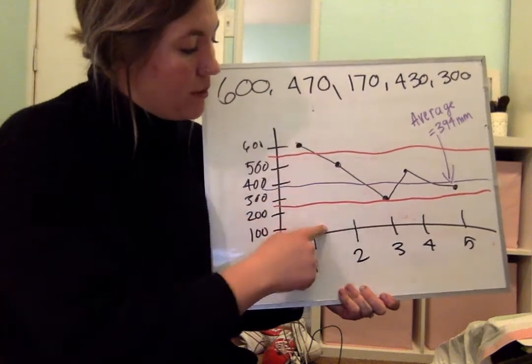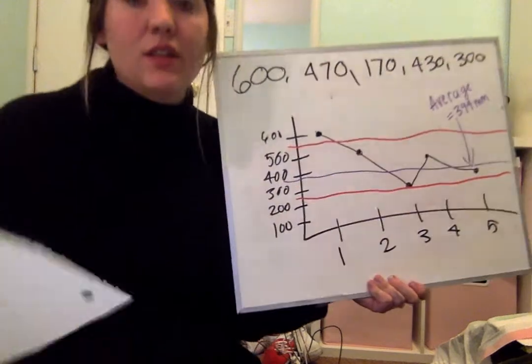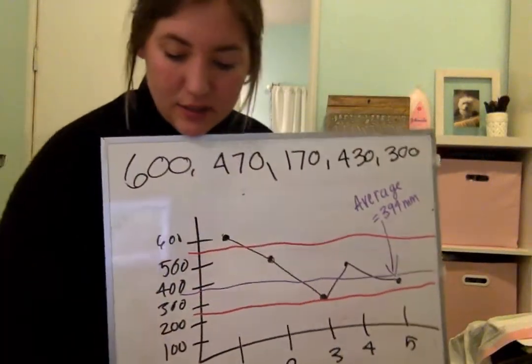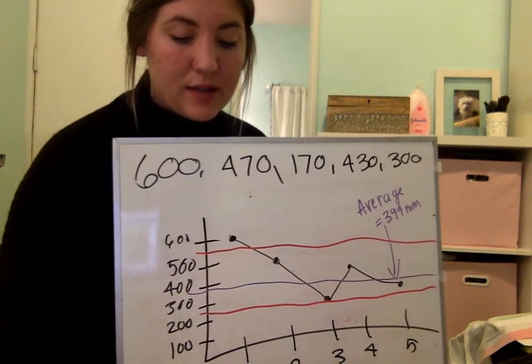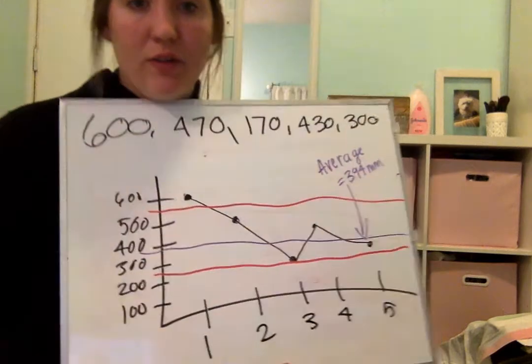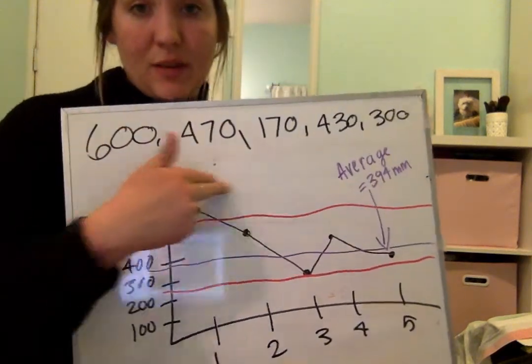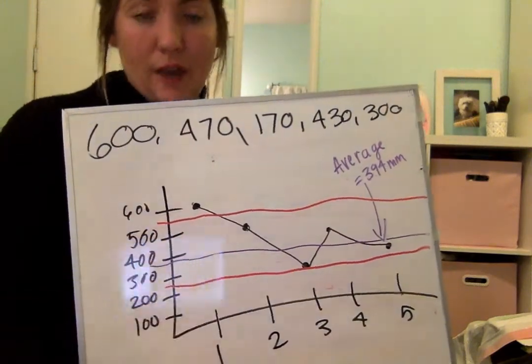If you're below or above these lines, you're way out of proportion to everything. This can also be used when you're dealing with products in warehouses and makeup products. If a product's pH level is up here when really it needs to stay in here, that product would typically be thrown out because it's too far out of the zone of average.